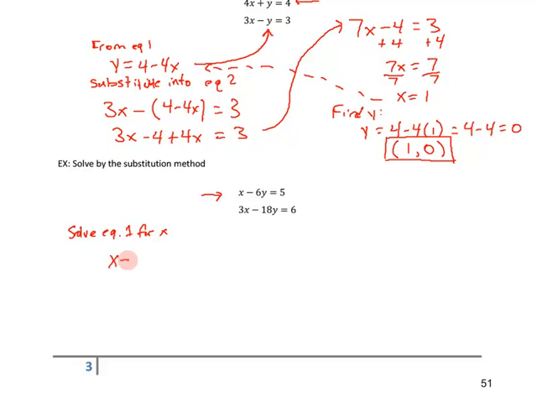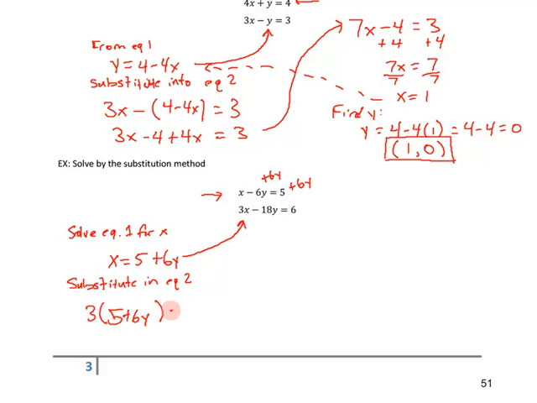That gives me x is equal to 5 plus 6y. And again, I get that by adding 6y to both sides. Now substitute into equation 2. All right, that gives me 3 times whatever x is. So that's 3 times (5 plus 6y) minus 18y is equal to 6.